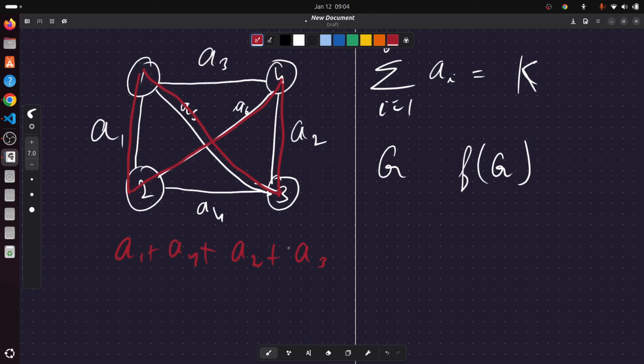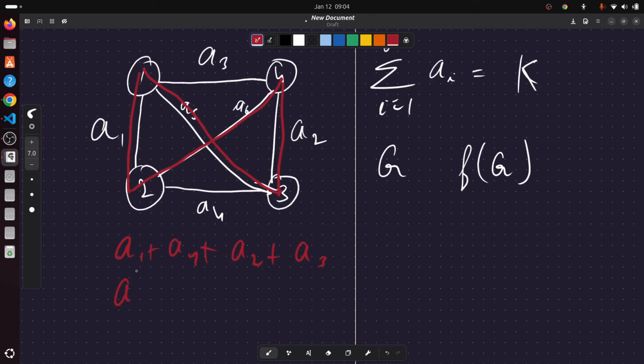For this cycle the sum of edge weights is a1 plus a6 plus a2 plus a5, right? Like in the first cycle you saw that we left the two diagonal edges, we did not take them in our loop. We had these four edges in our loop and not these two, right?